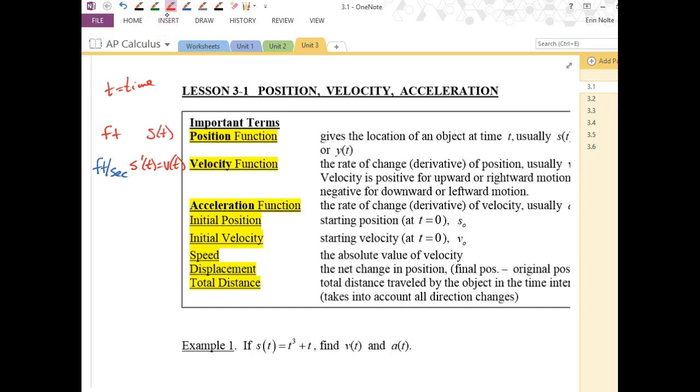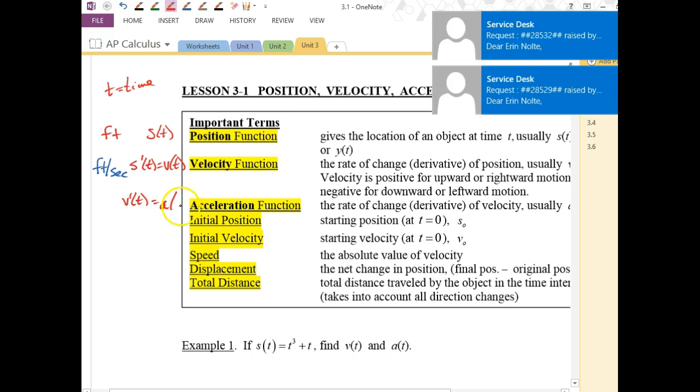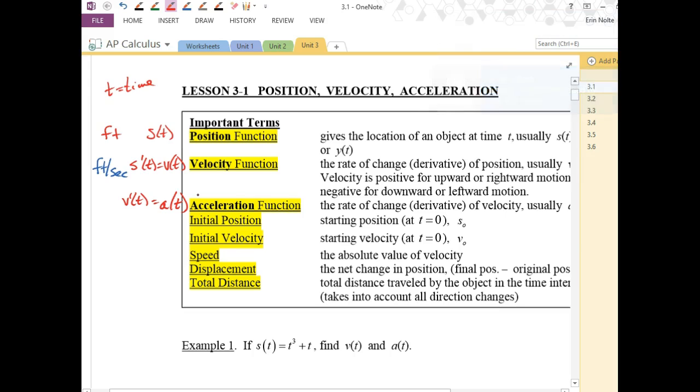Acceleration is simply the derivative of the velocity function. If we derive the velocity, you get acceleration in terms of time. How would you label acceleration with feet and seconds?